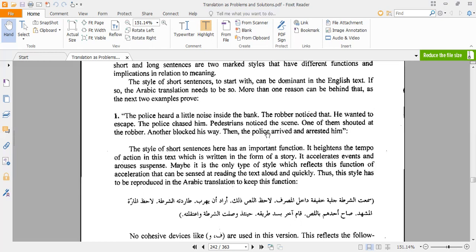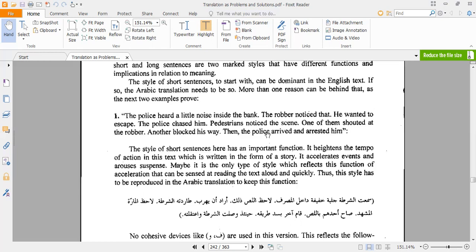This is the style of short sentences. To keep this stylistic value, we should render this paragraph into short sentences, sentence by sentence.